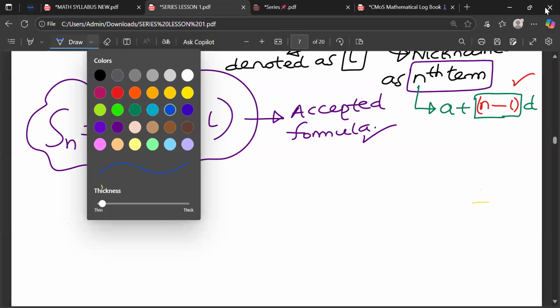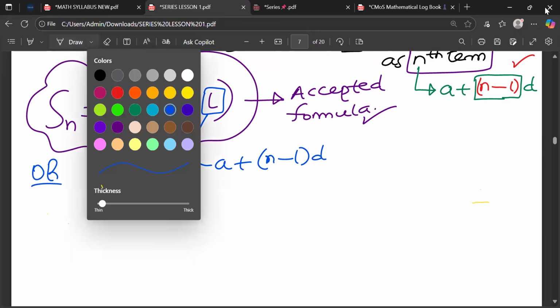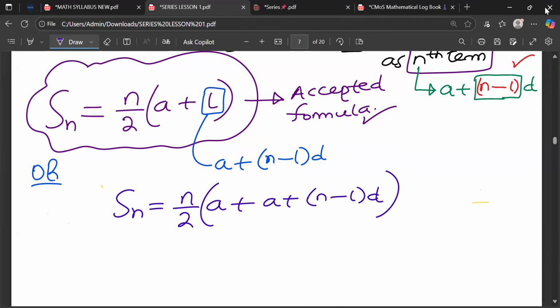Or someone can substitute for the last term, and they say that the last term is the nth term, which is like this. You get a plus the last term, which is also a plus, like that.